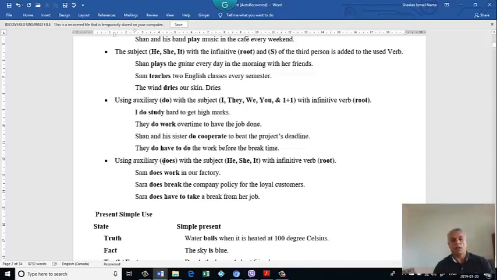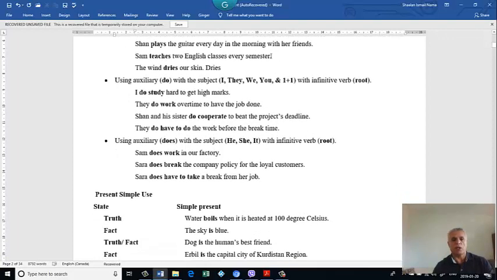You see an auxiliary verb, does, with the subject he, she, it, with the infinitive root. The difference is here, if we look to the verb like before, we have a subject, Sam, teaches 2 English classes every semester. Then we have the same Sam here.